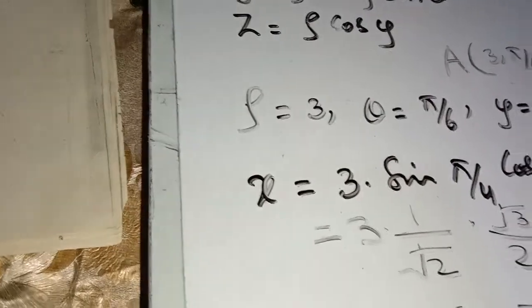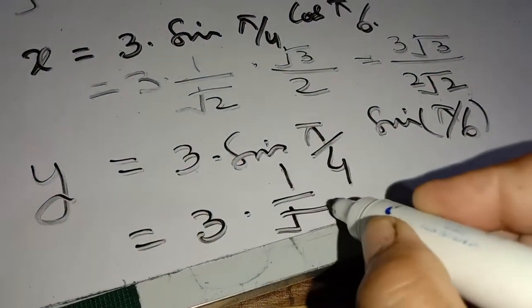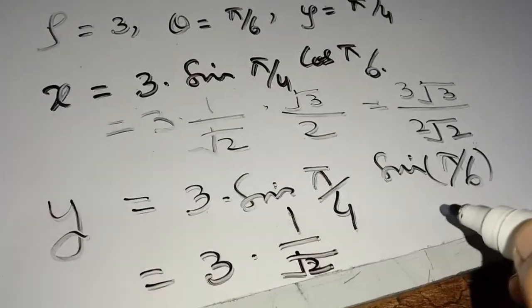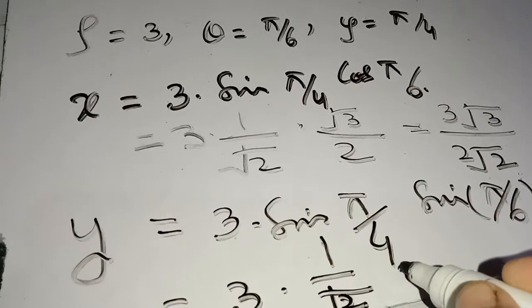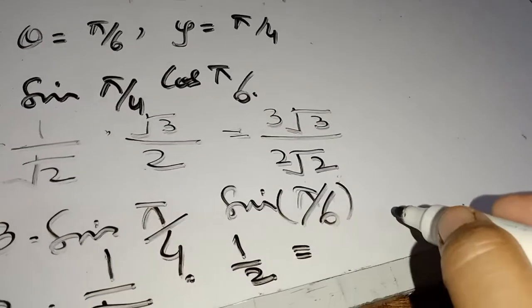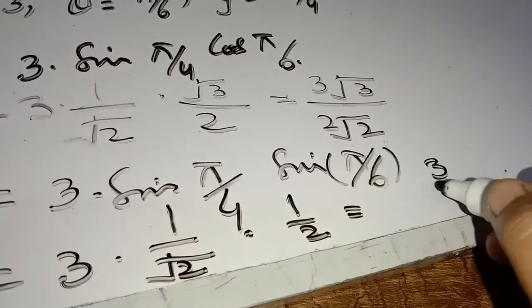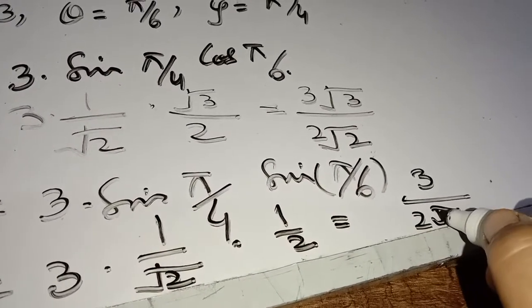So it is 3 into 1 over under root 2, and sine of pi by 6, that is sine of 30, which is 1 by 2. So it is equal to 3 by 2 under root 2.